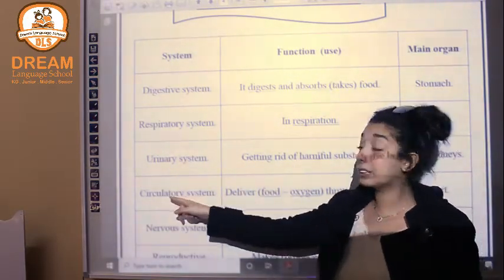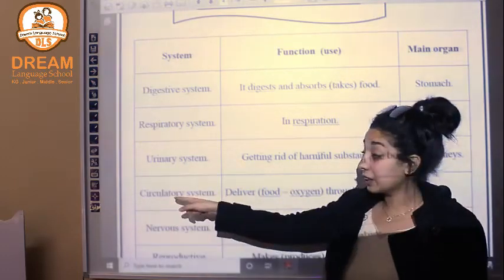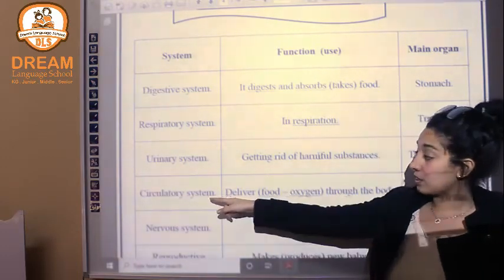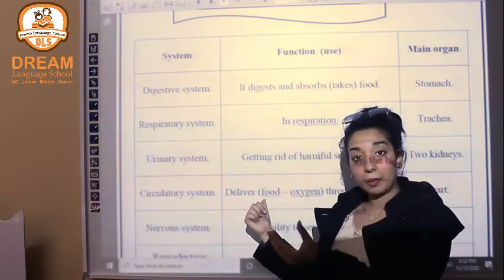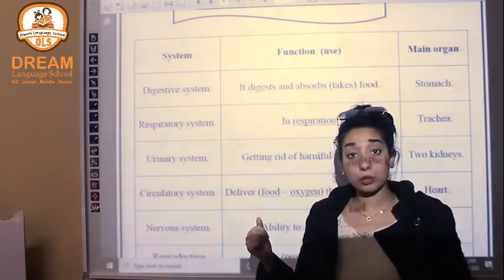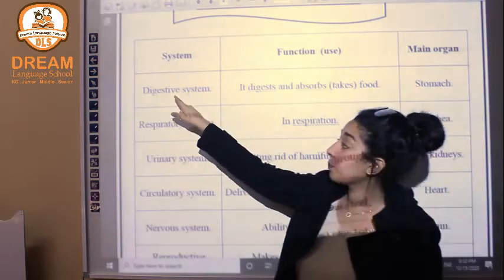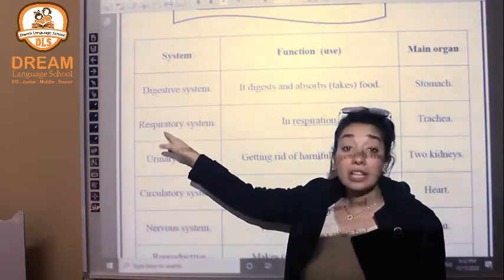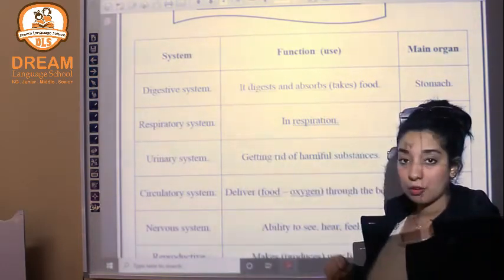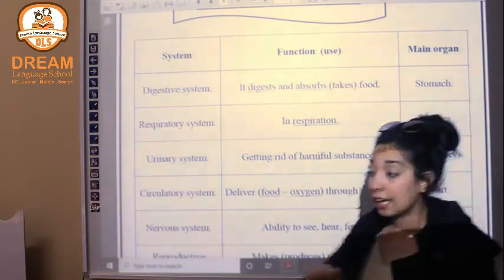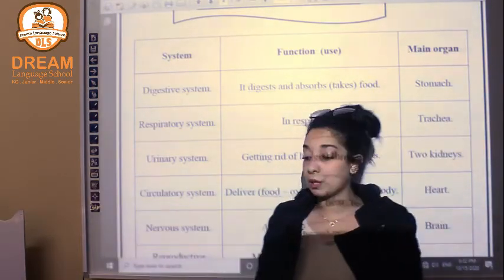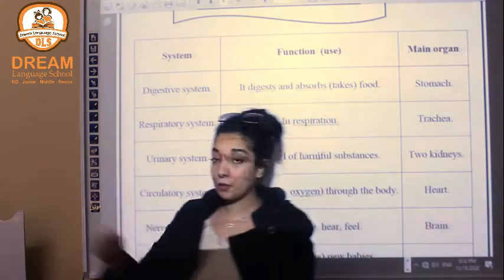Let's go to the circulatory system. I said to you, circulatory is delivery. The circulatory system is like the delivery man that takes the food and gives it to you at your home. It will take the food from the digestive system, and the oxygen from the respiratory system, and deliver them to all of your body. It will knock the door, take food and oxygen.